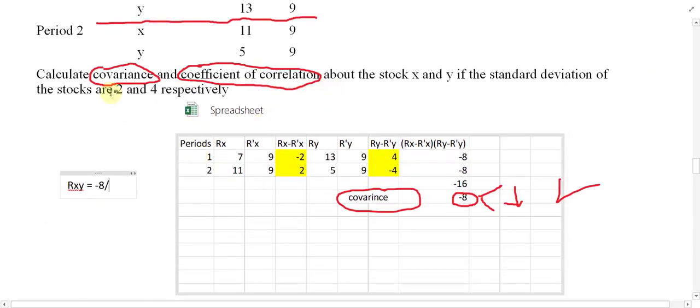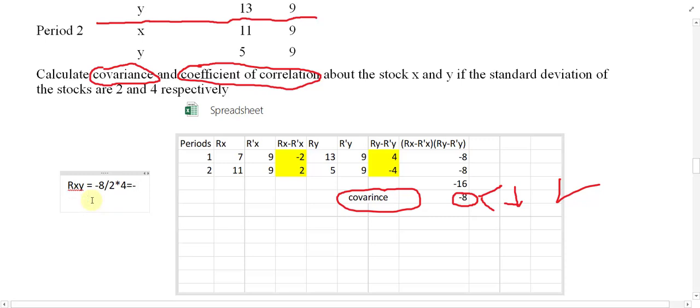The standard deviations of x and y are given in the question. Of course, one is 2 and the next one is 4, right? So 2 multiplied by 4. Now you can press the equal sign, you get the result. The result is minus 16. No, it is not minus 16, so there's a mistake.